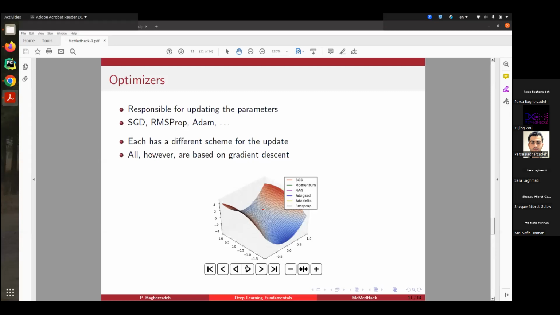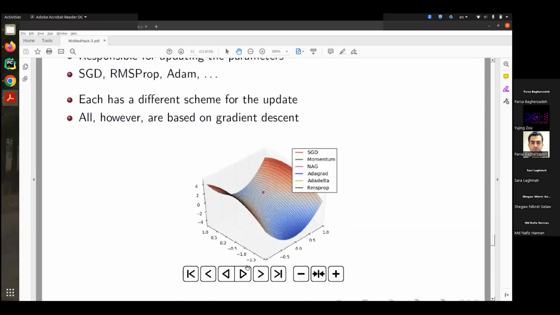When I talk about a different scheme for updating these parameters, it means that some optimizers converge faster and find the minimum faster, and some fail to converge toward a minimum. Some commonly suffer from getting stuck in flat places, usually called plateaus, like SGD.